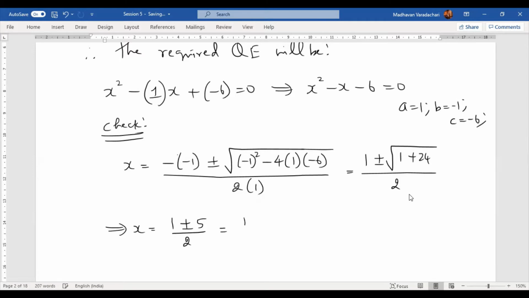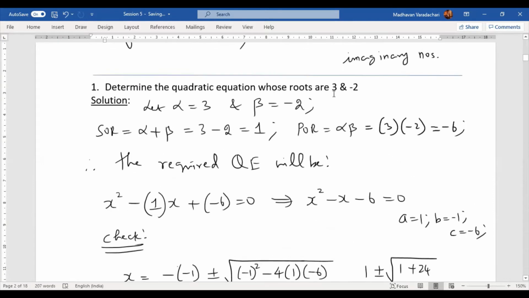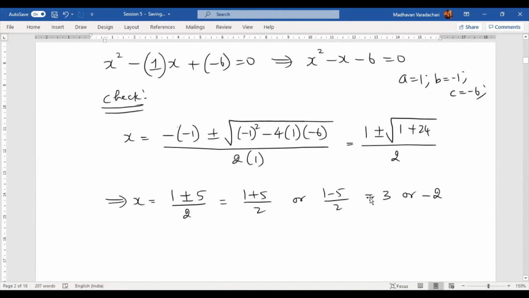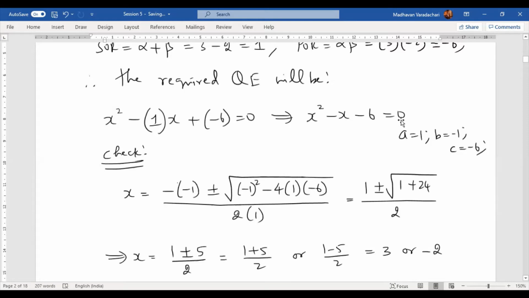So which is 1 plus 5 by 2 or 1 minus 5 by 2, which is 6 by 2, 6 by 2 is 3, or minus 4 by 2, it is negative 2. So we got back the same roots which were given initially, 3 and minus 2. So definitely this methodology is perfect.